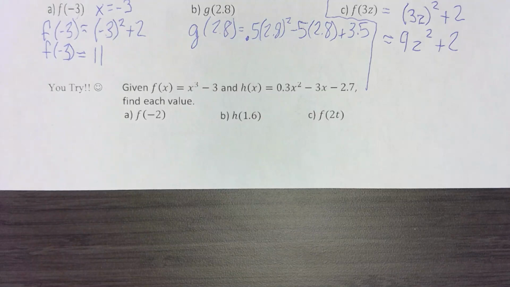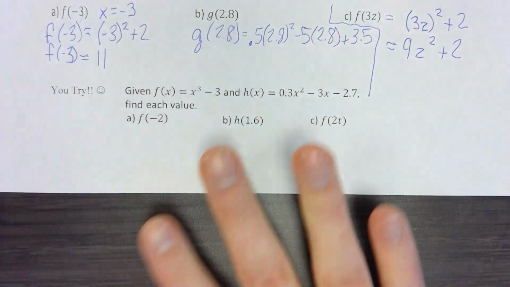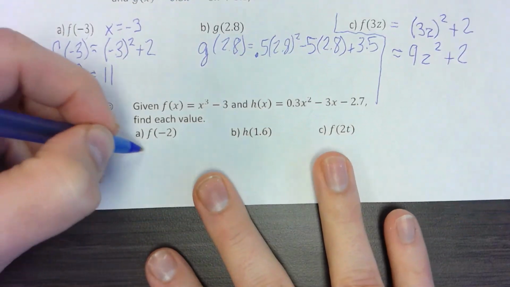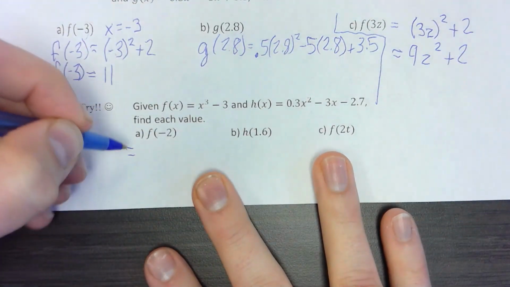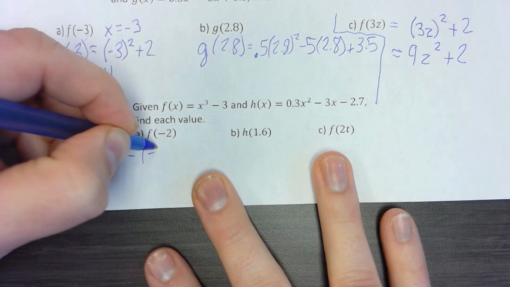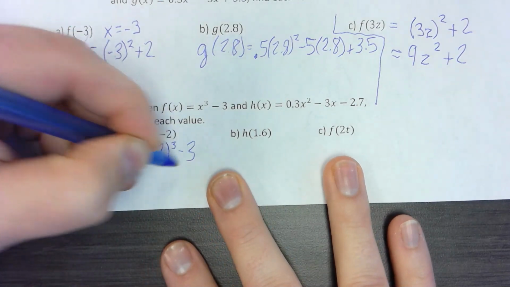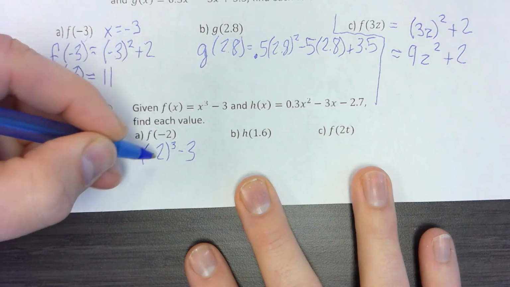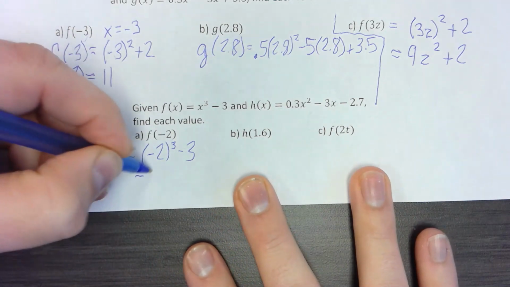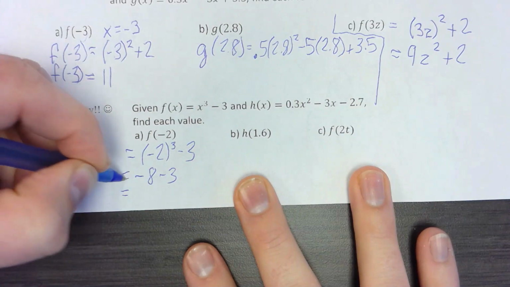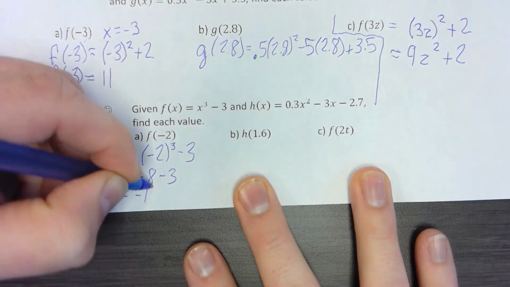Okay, you try. Go ahead and pause and try on your own, but this equals -2 to the third minus 3. -2 times -2 times -2 is -8, minus 3, which equals -11.